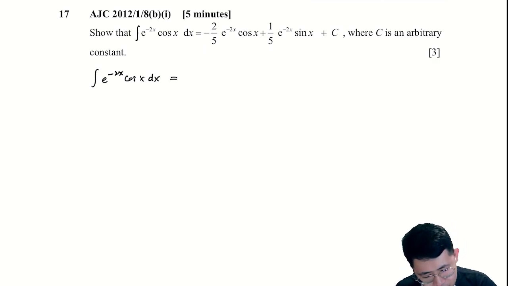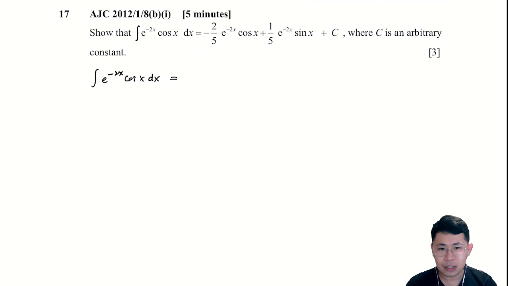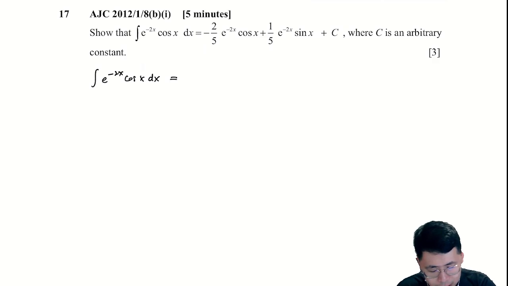Now this one over here is exponential and trigo, and we notice that these two have no relationship. So what we'll do is we will be making use of integration by parts. Which one is u, which one is v, actually doesn't matter.